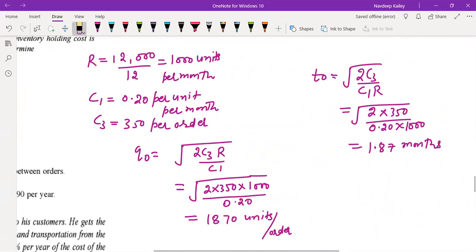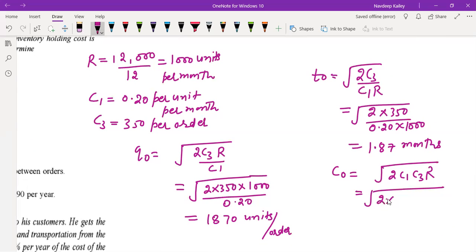Minimum total variable yearly cost is also given by the formula square root of 2 C1 C3 R, which is further equal to 2 into C1, which is 0.20, into C3, which is 350, into capital R. Because we have to calculate yearly cost, we take capital R as 12,000.